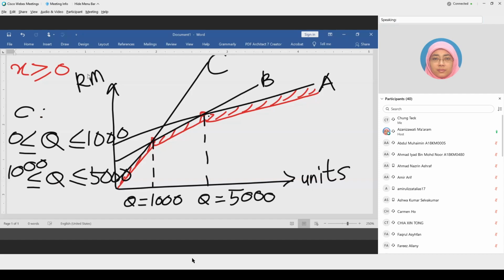Siapa? Process B. Process B will be selected. And the last one, if let's say Q is more or equal with 5000, so you will choose process A.